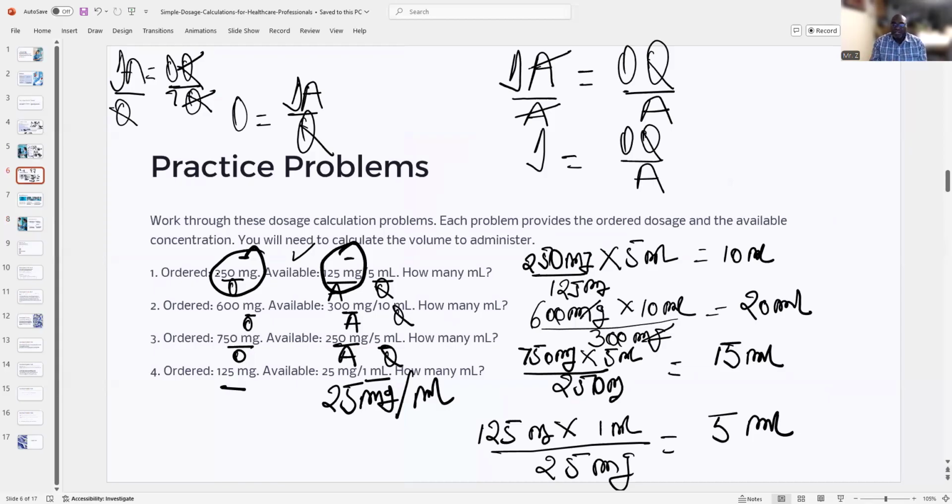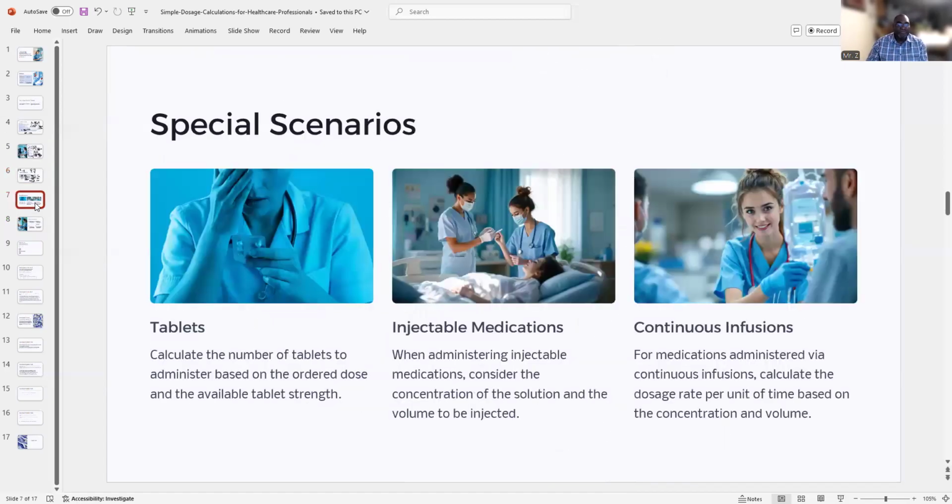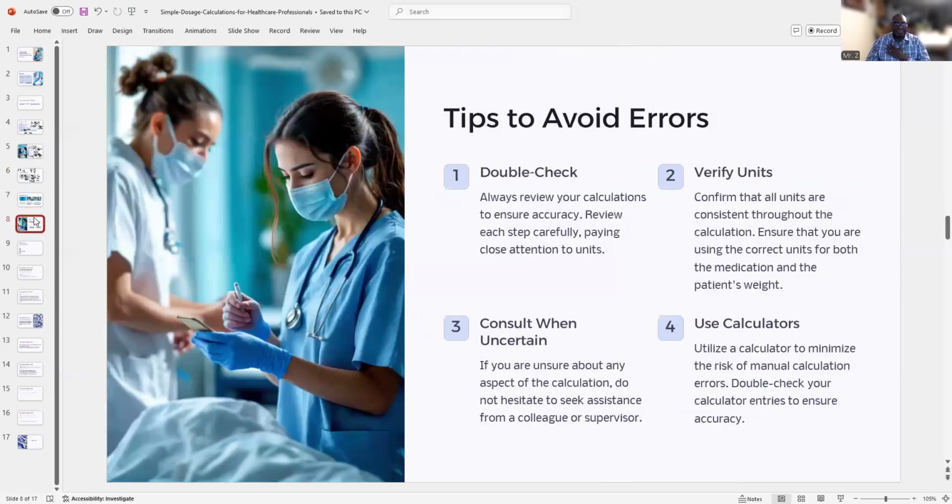If the order is in gram or microgram and the available is in milligram, you have to convert either microgram to milligram or milligram to microgram. They have to be within the same unit before you can apply your formula, dear friend. All right, so don't forget, double check your calculation.